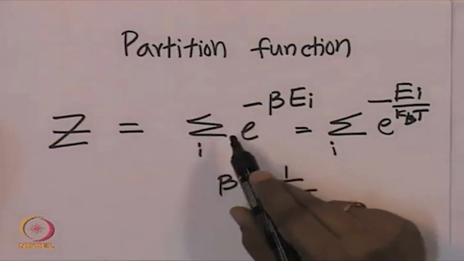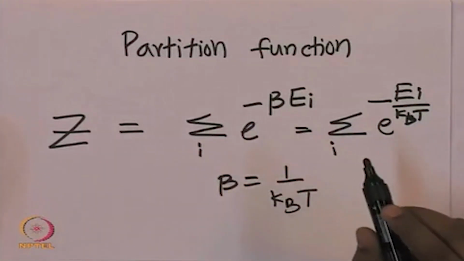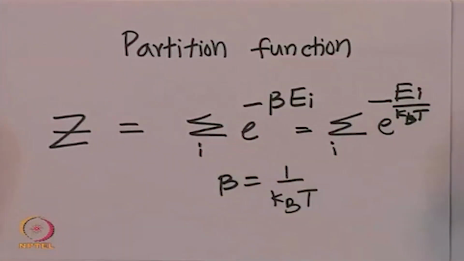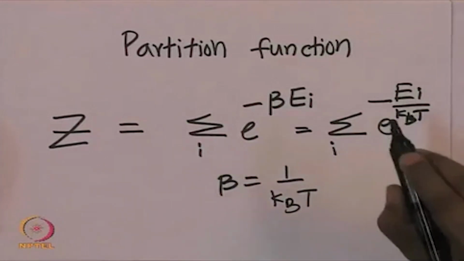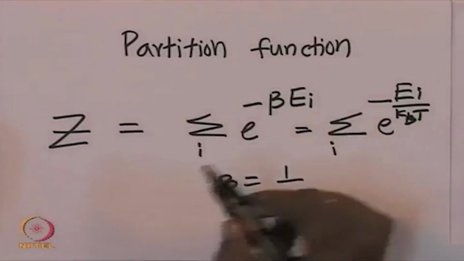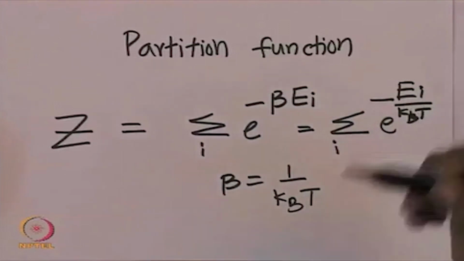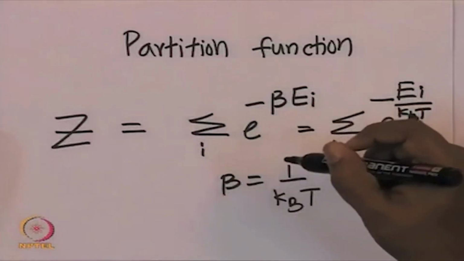If you do this sum, what you get is this quantity called the partition function. There is a relation between the partition function and free energy, which we will discuss in a minute, but first let us understand how to calculate the partition function.